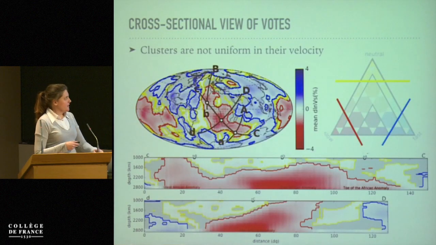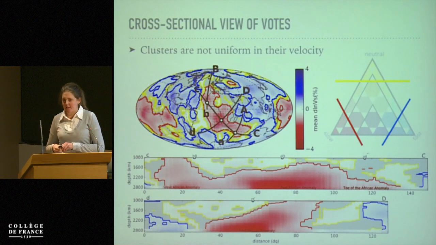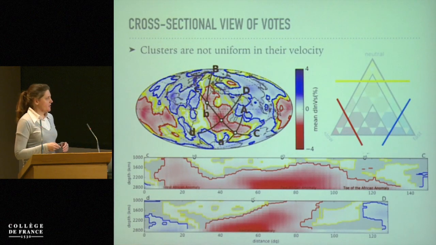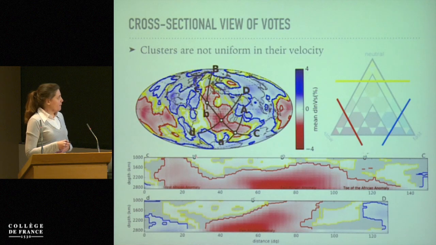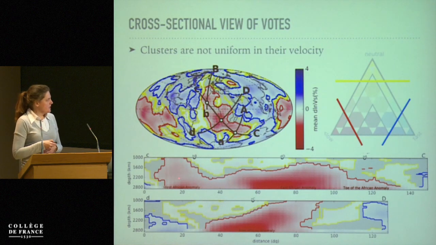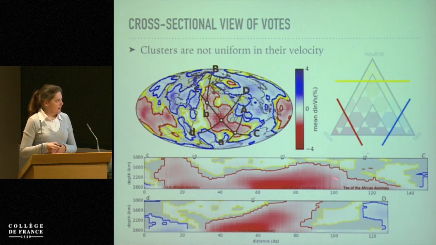Just to emphasize, because these vote maps give the impression that these are uniform features in some way. So here I'm plotting the boundaries where 4 out of 5 models agree, in red for the slow, yellow for neutral, and blue for fast. And I'm graying out all of these areas in between here, and showing you the mean velocities in the background in these clusters.